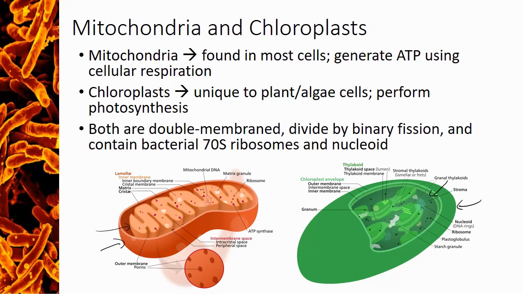Both these structures also contain their own DNA, both mitochondrial DNA and chloroplast DNA, that is circular in shape, just like prokaryotes. They contain their own ribosomes to do translation, and so the DNA is transcribed and translated into proteins that are unique and specific to the mitochondria and the chloroplasts.